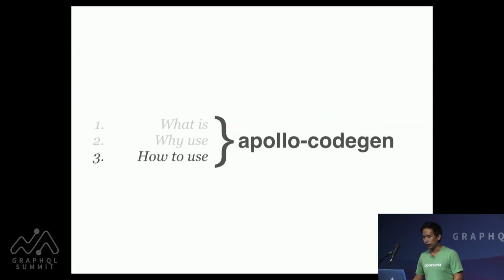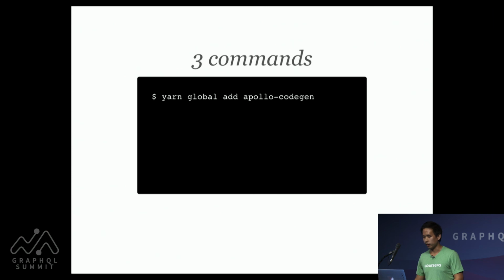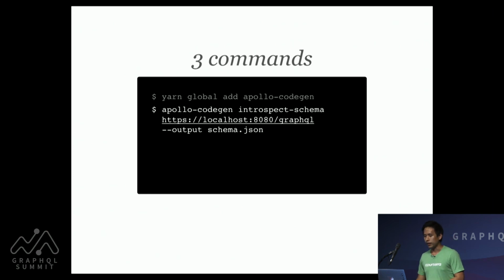And so how do you actually use Apollo-Codegen today? It's actually very simple. If you're already using a language like Flow or TypeScript, really all it is is 3 more commands to add Apollo-Codegen. The 3 commands are: globally install Apollo-Codegen using yarn or npm. Then we need you to download your introspection schema so that it's available locally.